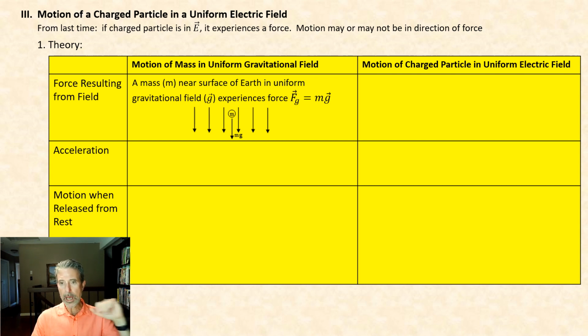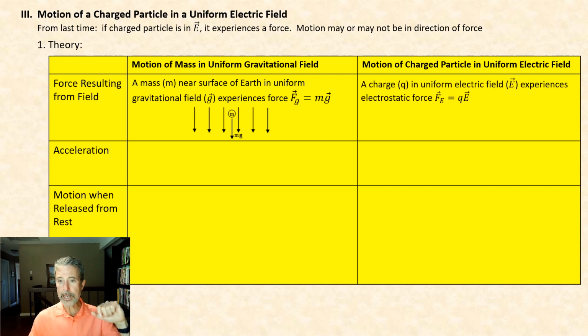In a similar way, if you have a particle with a charge q that exists in a uniform electric field, it too is going to experience an electrostatic force, given by this expression, the charge of the particle times the electric field.